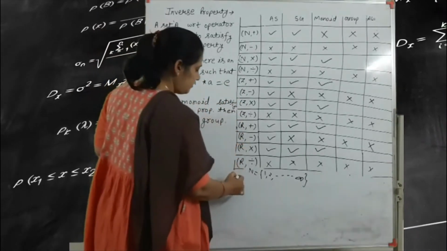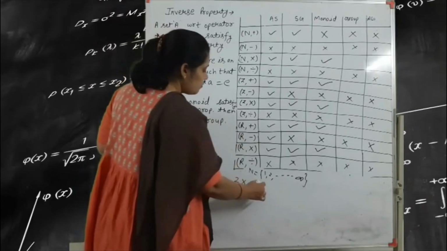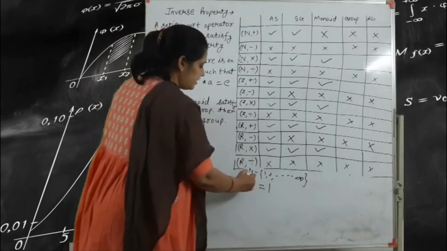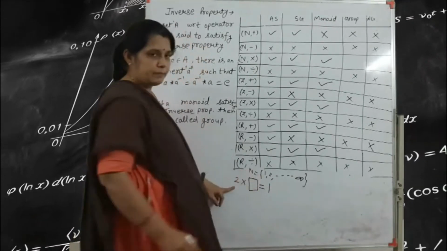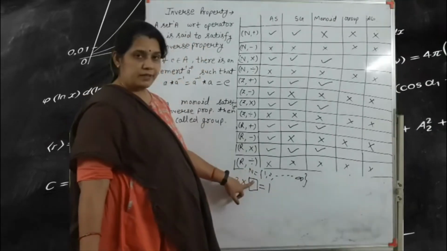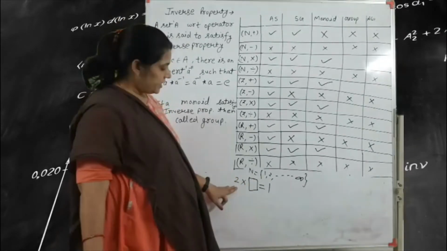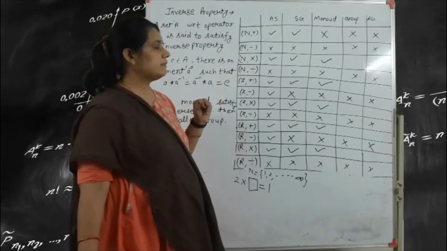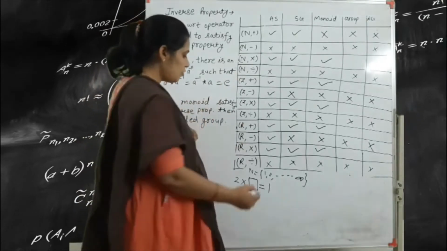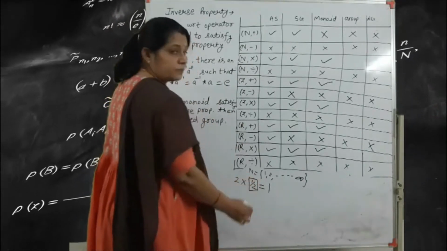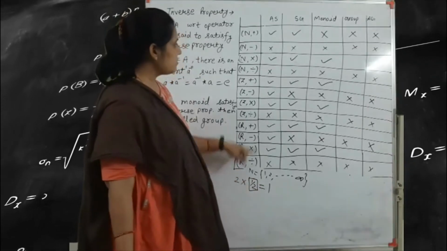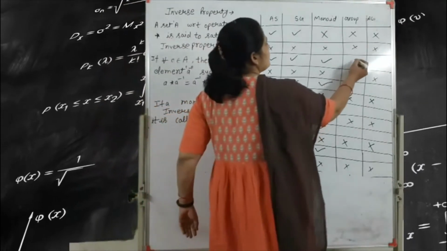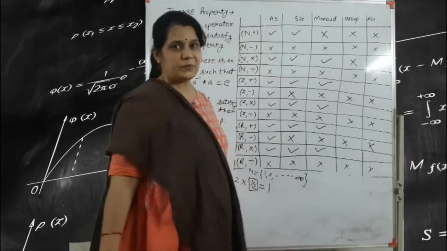If we consider 2, we get the identity element 1 because the operator is multiplication. So 2 times which number is equal to 1? Obviously 1 by 2. Got it? But 1 by 2 is not present in the natural number set. That means this does not satisfy the group inverse property.